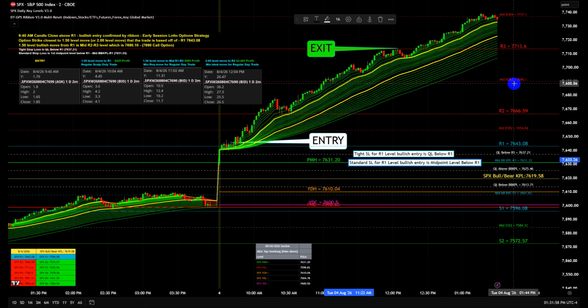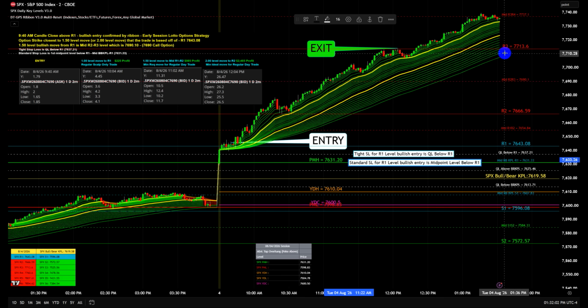You're just simply using different strikes, the 1.5 level move and the 2 level move, because those are the strikes for a regular day trade. However, on an early session lotto option strategy, those become the lotto option strikes. So the 76.90 is the 1.5 level move, $1.85 entry.